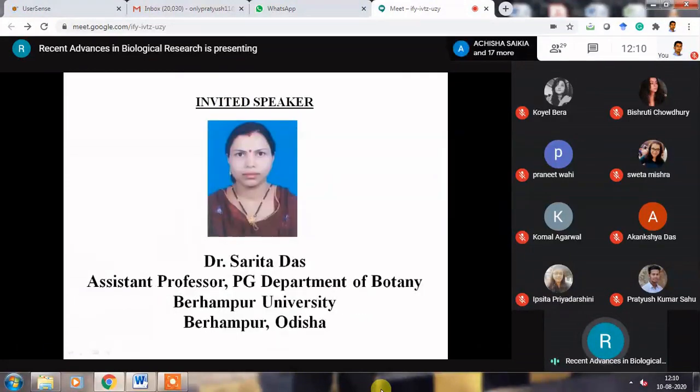So for this session, we have Dr. Sarita Das, who is currently working as an assistant professor in Barampur University. Before joining as assistant professor, she was working as a postdoctoral research fellow at University of Minnesota, USA, where she worked on the cloning and expression of recombinant bacterial antigens and virulent proteins and their use in disease diagnosis.